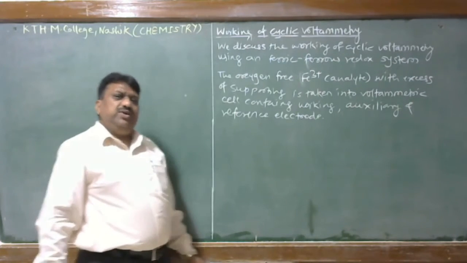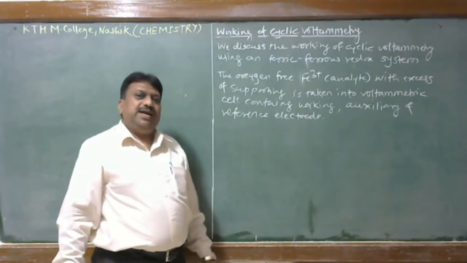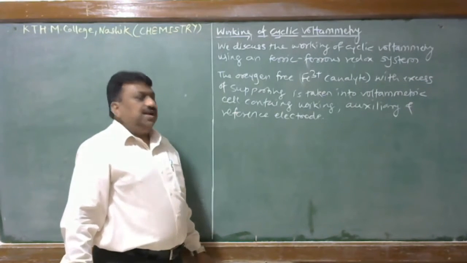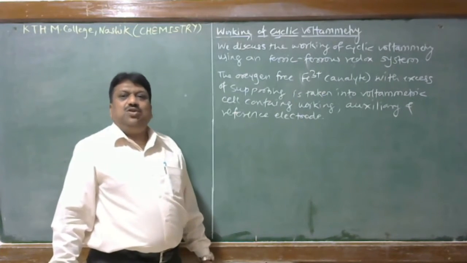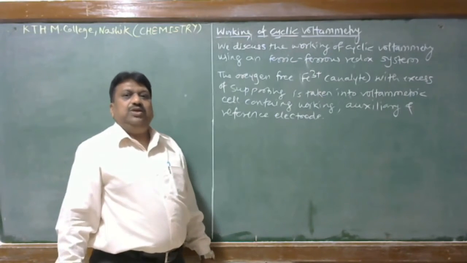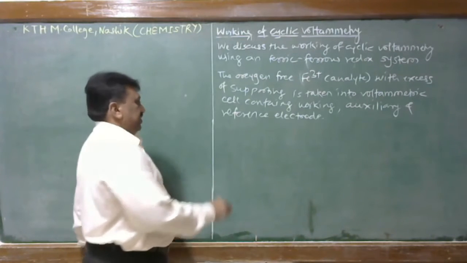In previous lecture we discussed the potential sweep program applied in a cyclic voltammetry. Generally in cyclic voltammetry, initially the potential of the working electrode is kept at a zero value in order to avoid any oxidation or reduction reaction.